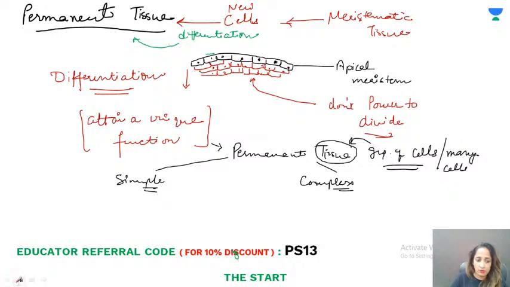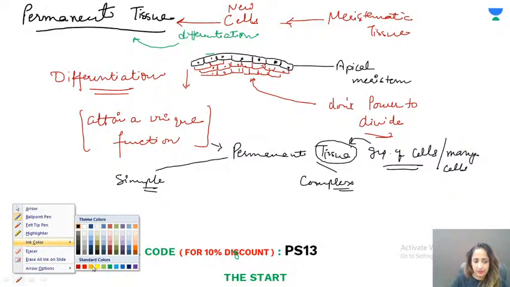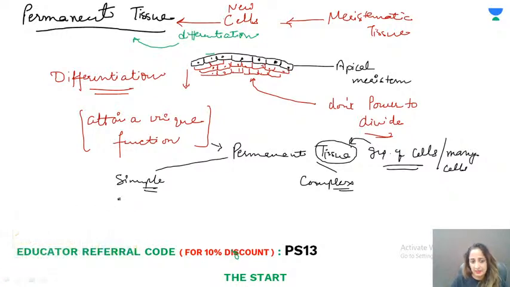So if all the cells are of almost the same structure, not a huge difference in their structure, and they all have nuclei, this is called simple permanent.